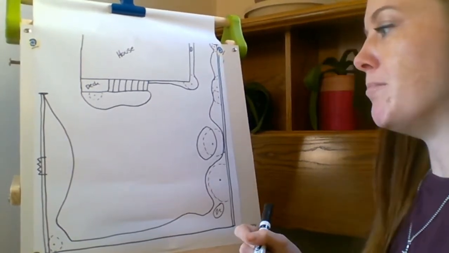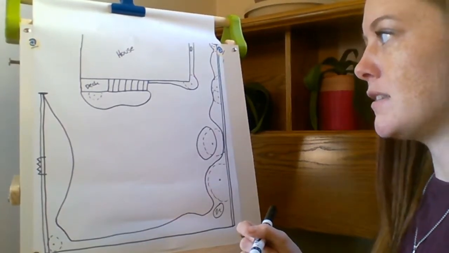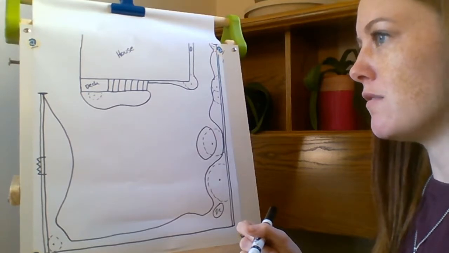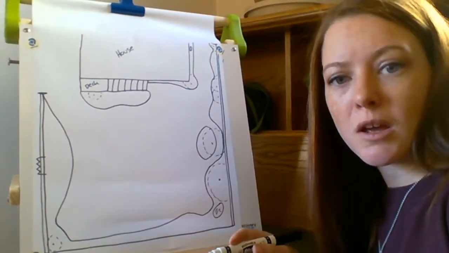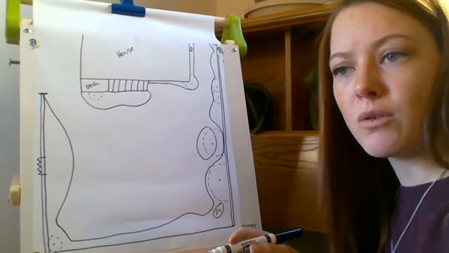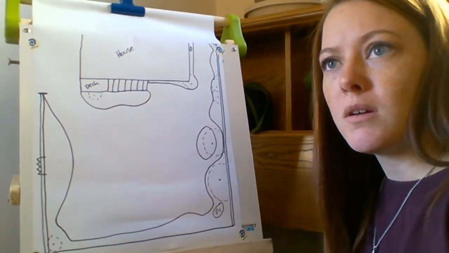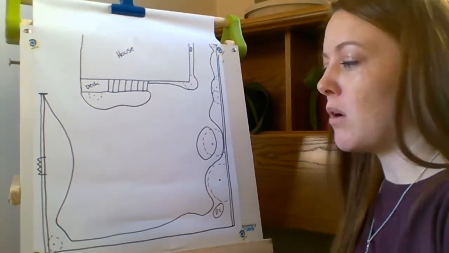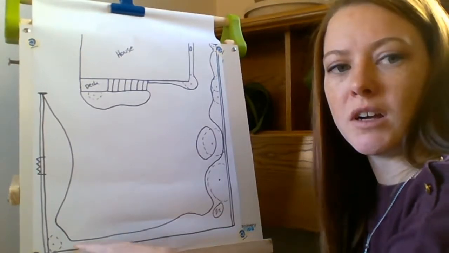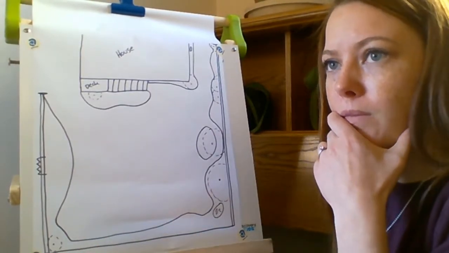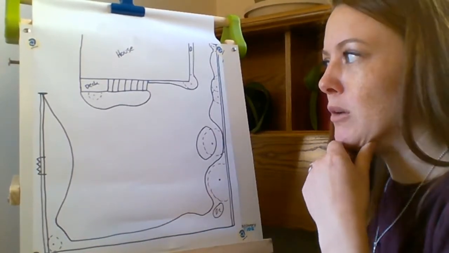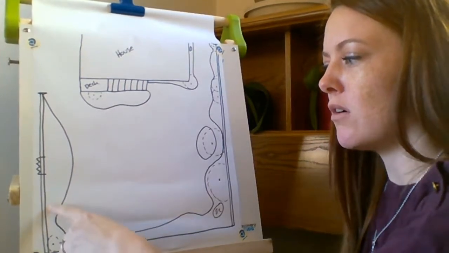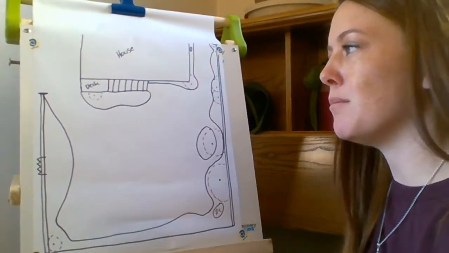So I expect that most of my summer plants, peppers, tomatoes, maybe a little bit of squash in this area down here, you know, maybe some melons along this fence line, maybe.